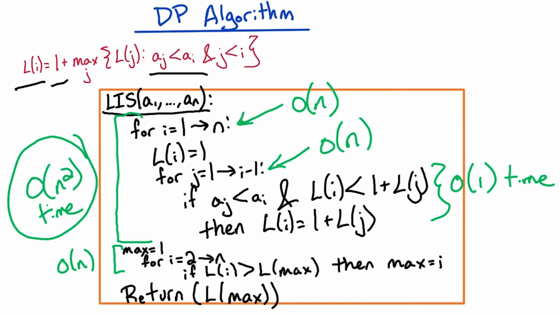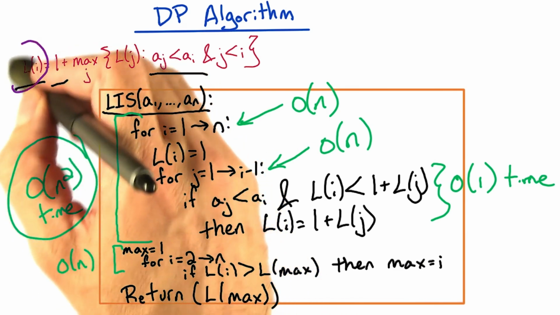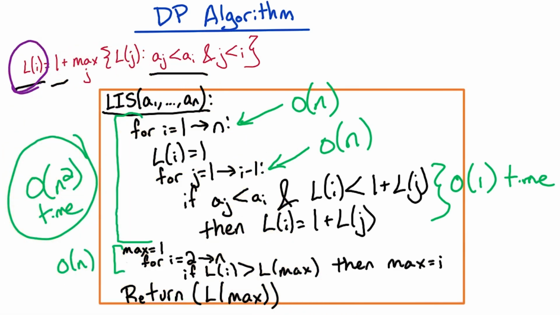But now let's go back and take a look at some important aspects of our algorithm design. What was the first step in our recipe for designing a dynamic programming algorithm? It was to define the subproblem in words. In this case, define L of I in words. Our initial attempt was to use a prefix of the input, to define the length of the longest increasing subsequence on the first I elements of the array.